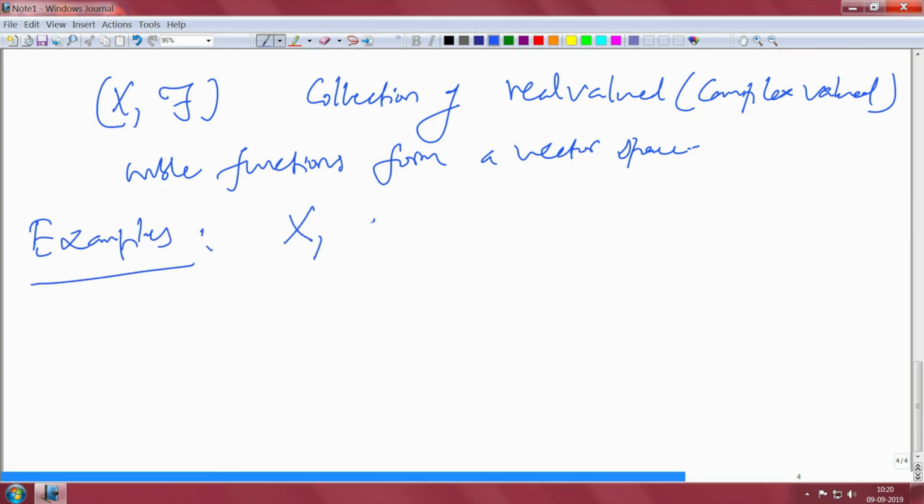So I have a space X and I have the sigma algebra F, right?